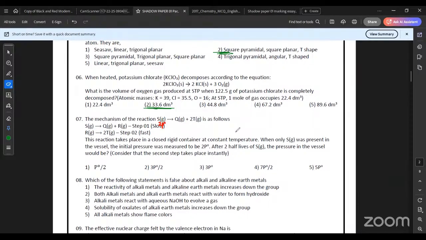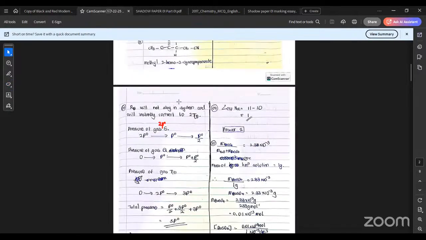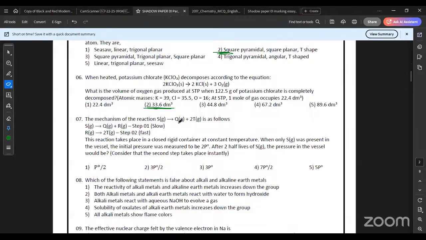After 2 half-lives, see, after the first half-life, 2P naught will go to P naught. This is the pressure of gases I'm talking about, right? Pressure of gas will go from 2P naught to P naught. According to the stoichiometry of the reaction, it is 1:1.